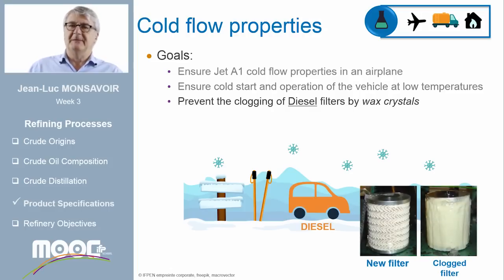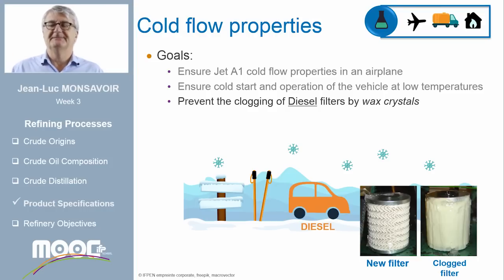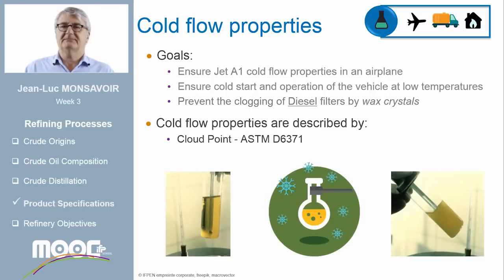Some diesel fuel compounds, called waxes, may crystallize at low temperature and consequently clog the diesel filter, as presented on this picture. Don't worry, this picture was obtained with diesel fuel especially made to produce the worst case in terms of cold flow properties. Imagine the trouble you may have with such a clogged filter.